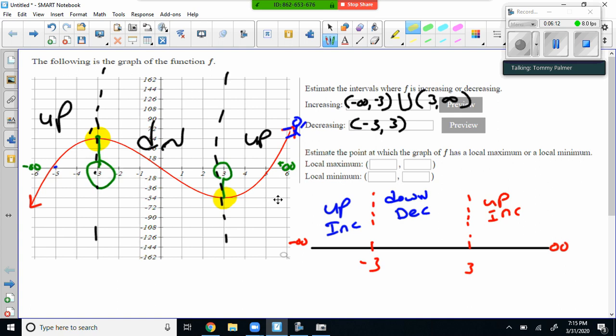Now, the notes for this section, when you go through it and you look at it, it says local maximum, minimum. Maximums are mountaintops, right? So that is a maximum, okay?